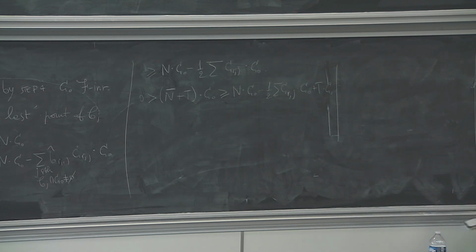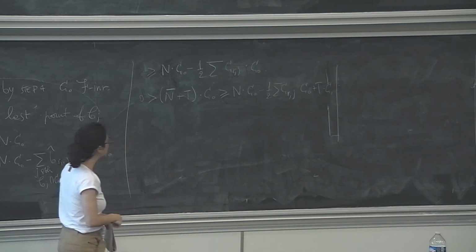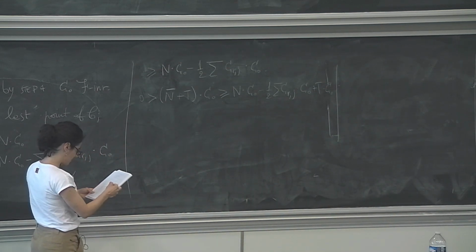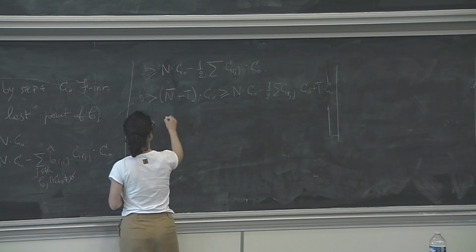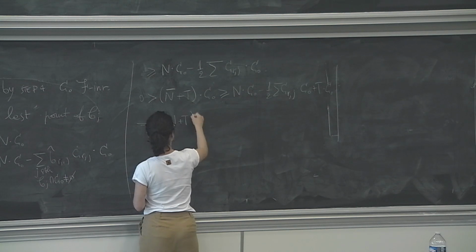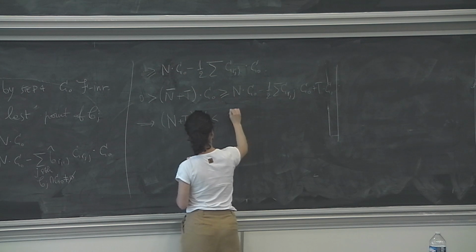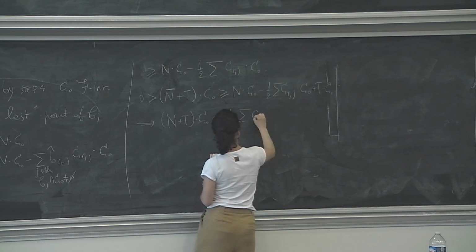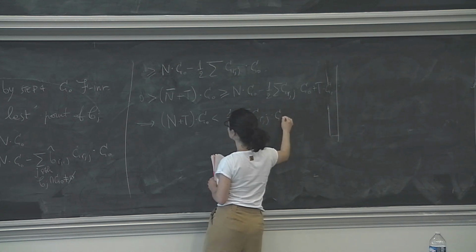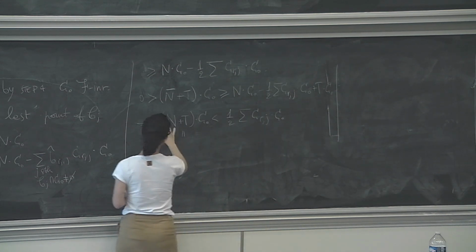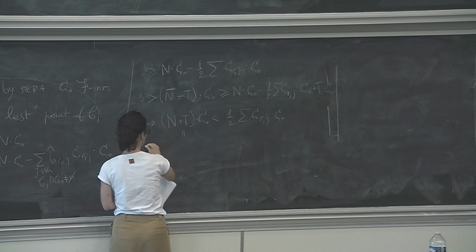So the point of the end of this proof is that we cook up two inequalities. Okay, let me try and do this. So, on one hand, we have this inequality. And on the other hand, n times C0 is Kf times C0.